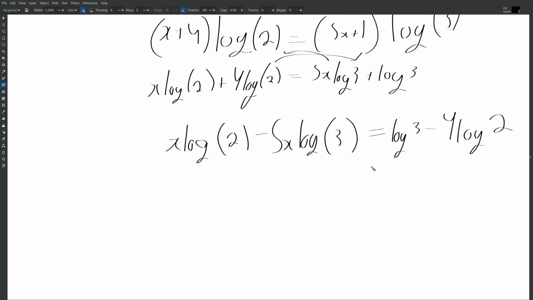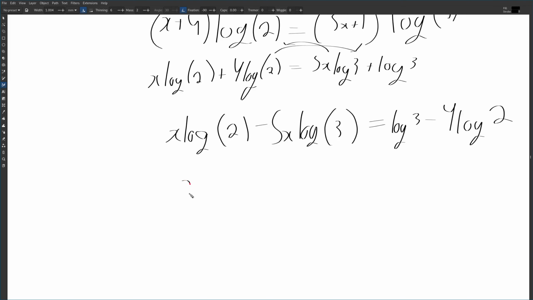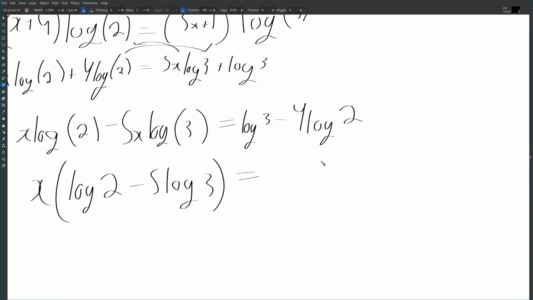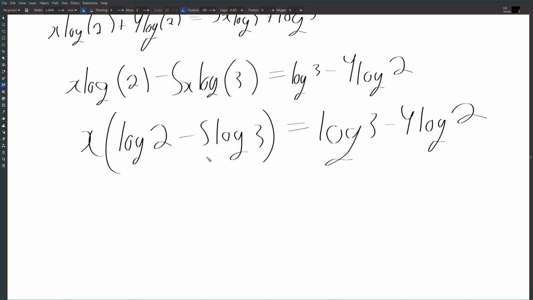Okay, and after that, we can factor out the x now. So we have x times the quantity log 2 minus 5 log 3 is equal to log 3 minus 4 log 2. And finally, to solve for x, we can divide both sides by this chunk.